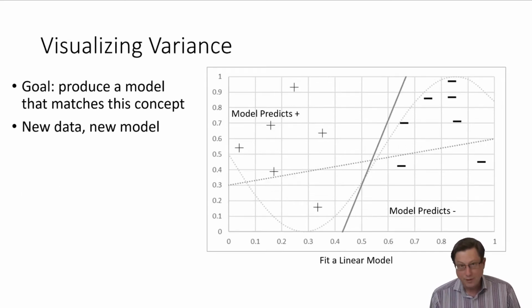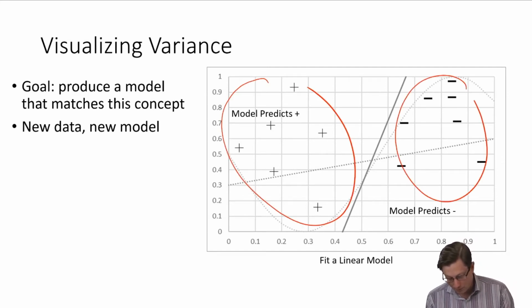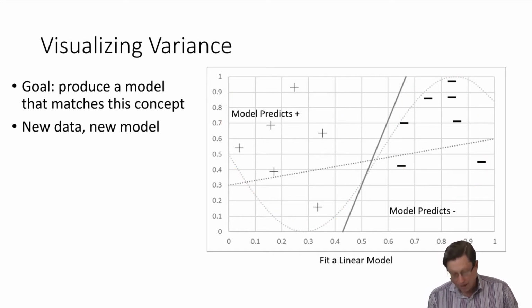Now, you could slightly tweak your training data. If this was the training data, totally different from last time, then you would learn a linear model again, and you could learn a very different linear model. That linear model still doesn't correctly represent the problem, but it has different mistakes.